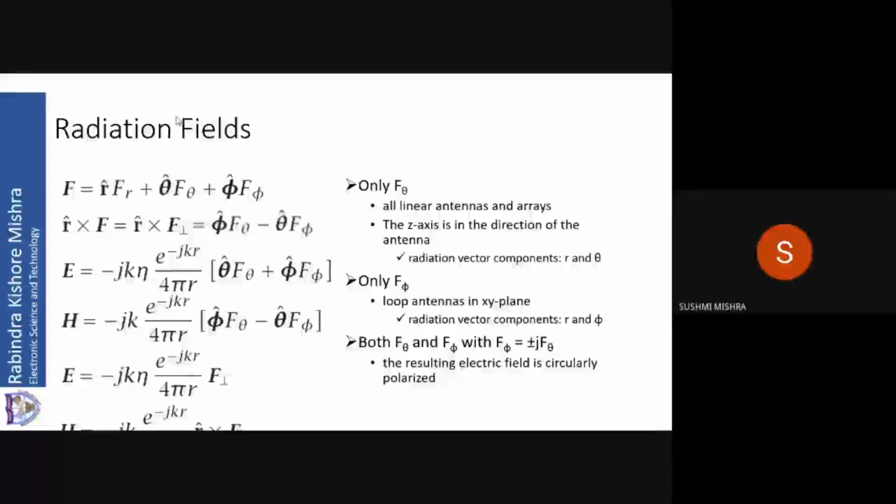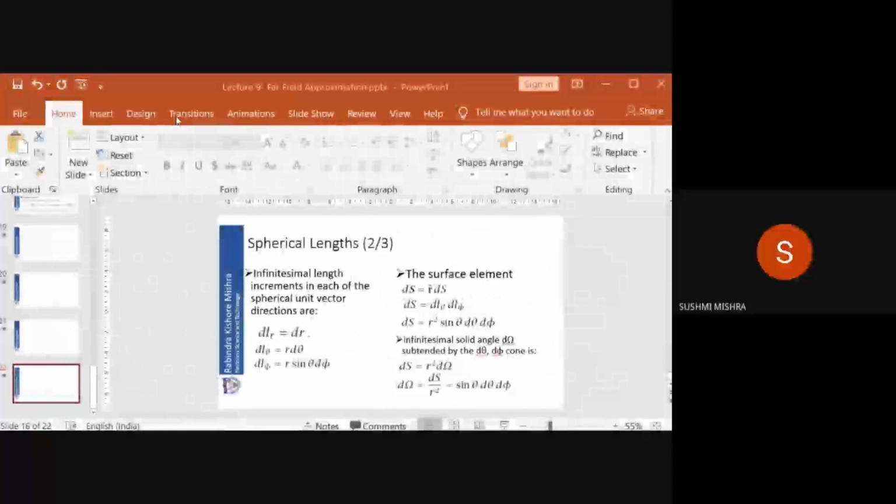So if we are considering a circular polarization, then this will be there. Example is helical antenna. So we will use what we have discussed up to this point. We will use this knowledge in further taking our study into the antenna.